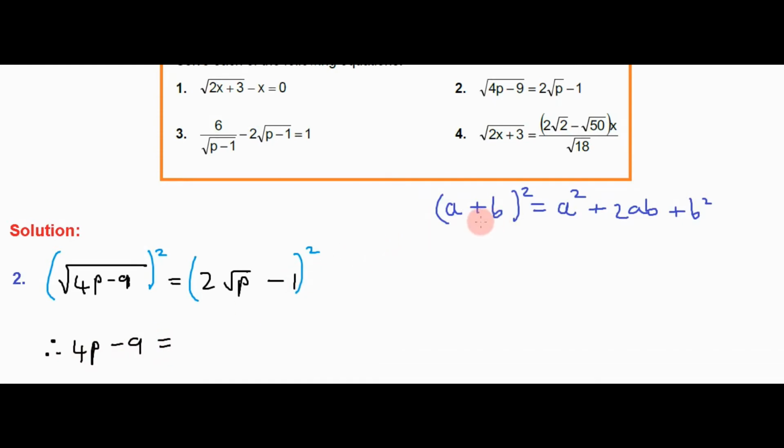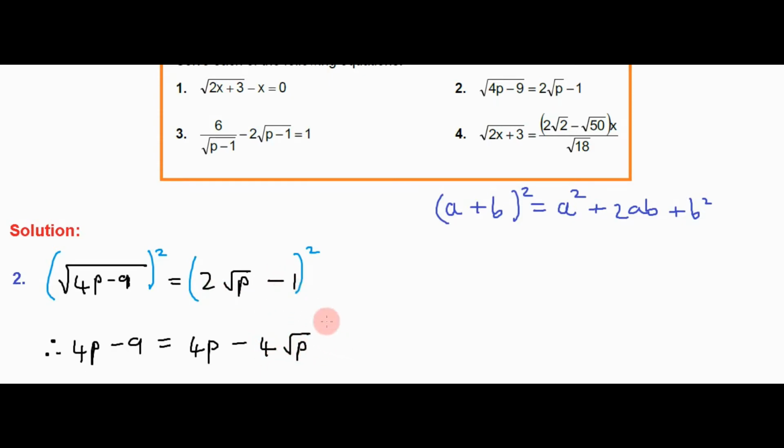And then applying the squaring of a binomial on the right-hand side, it's the first term squared, so it's 2 squared, which is 4, times the square root of p squared, which is just p. Then it's the first term times the second term times 2, with this sign. So 2 root p times 1 is 2 root p, times 2 will give us 4 root p.